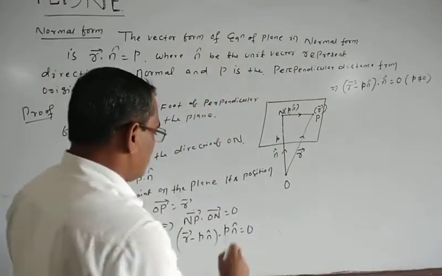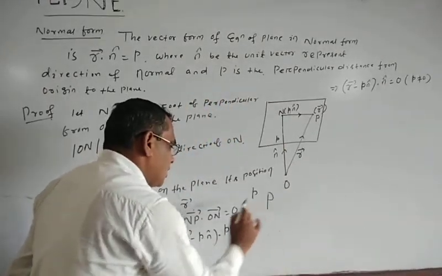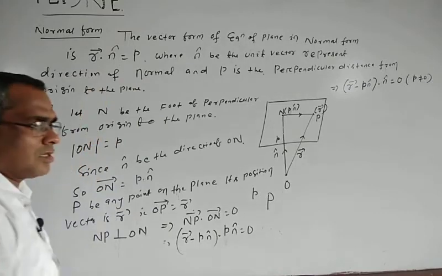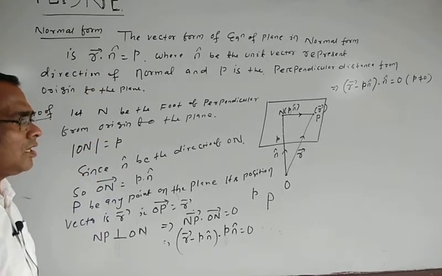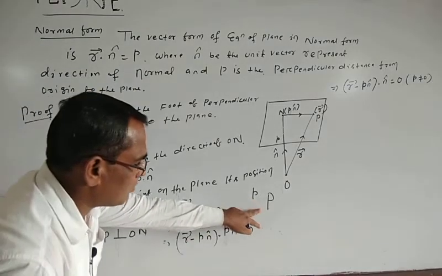Capital P means a point, but small p is a scalar. What is the difference between capital P and small p?